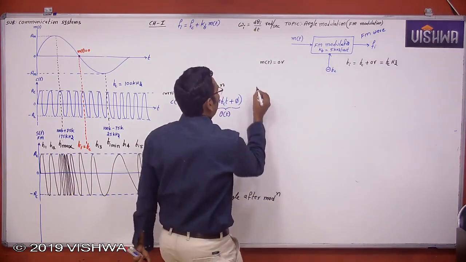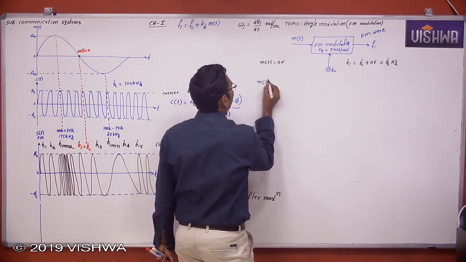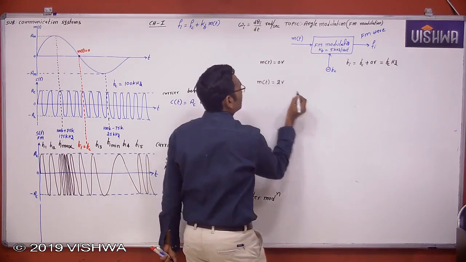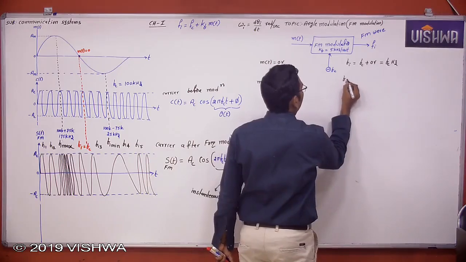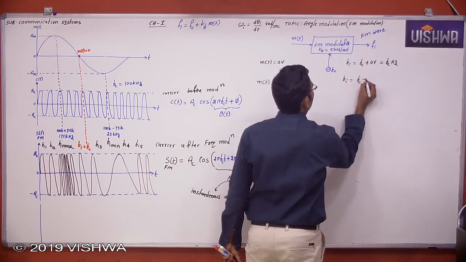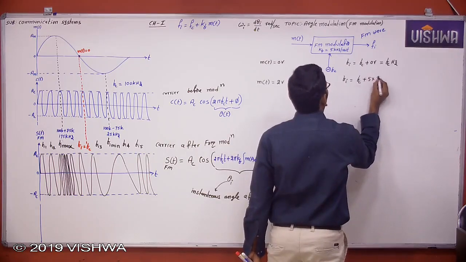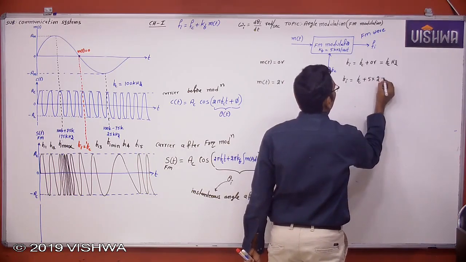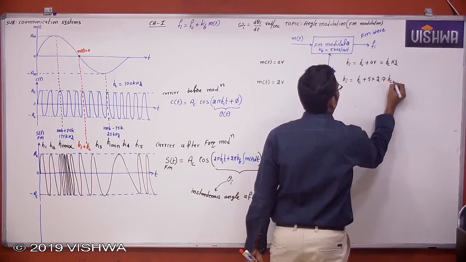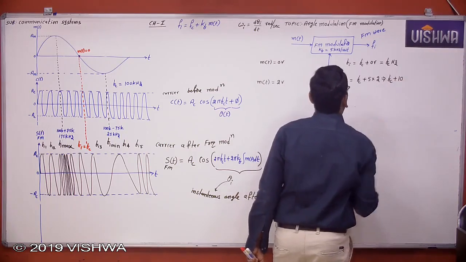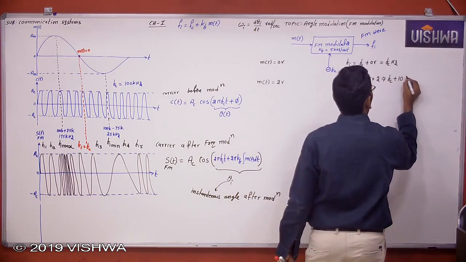Now if m of t is equal to 2 volts, what is Fi? Fi is equal to Fc plus 5 into 2, which is equal to Fc plus 10 kilohertz.